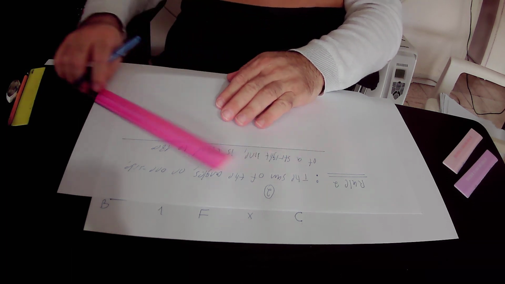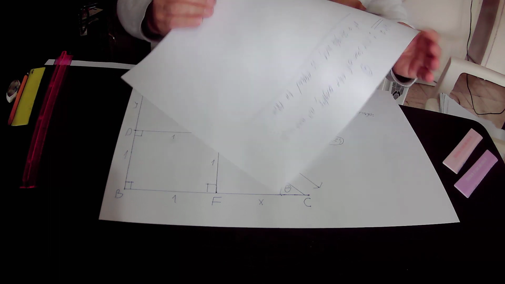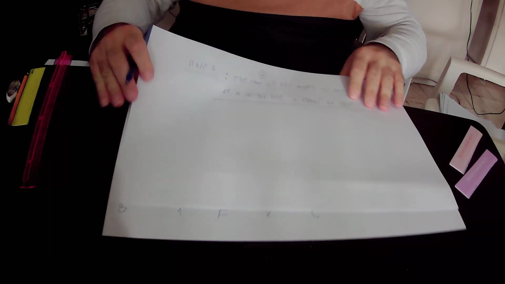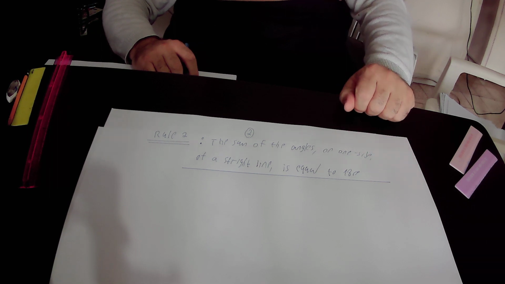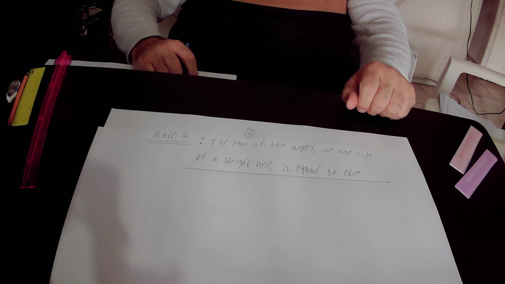I will read rule number 2 again: the sum of the angles on one side of a straight line is equal to 180 degrees.